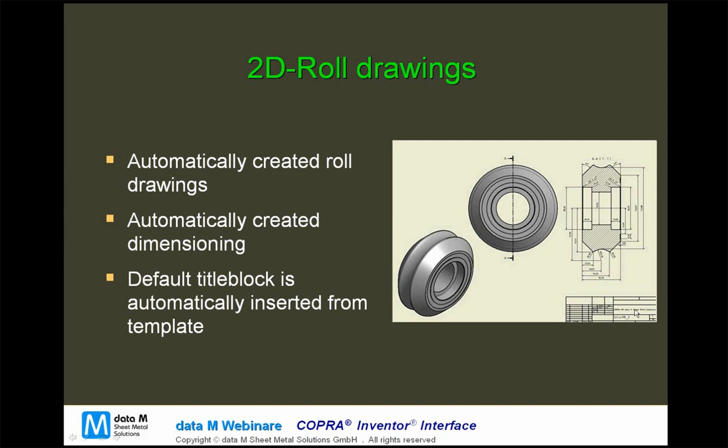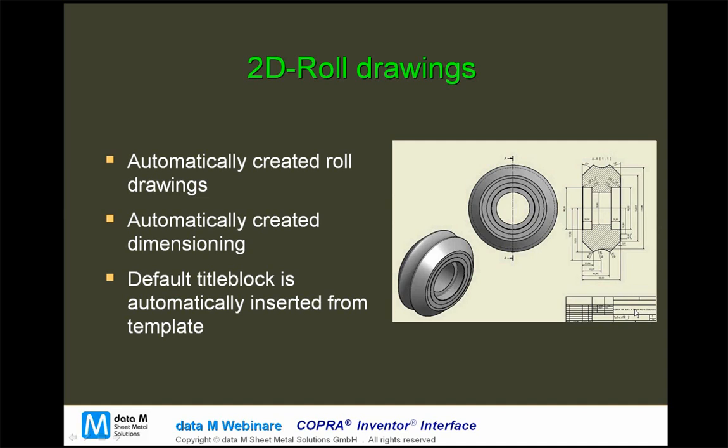And this title block is also configurable by template. So you have one template where you can define your title blocks. And when you create the project, as you saw at the beginning, you select one title block that you want to have.